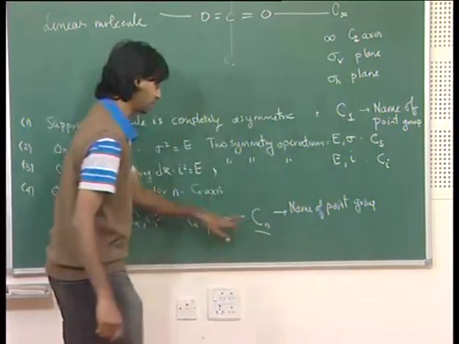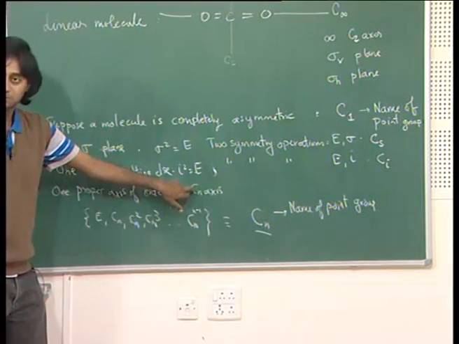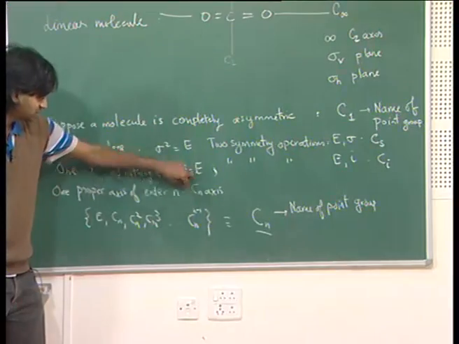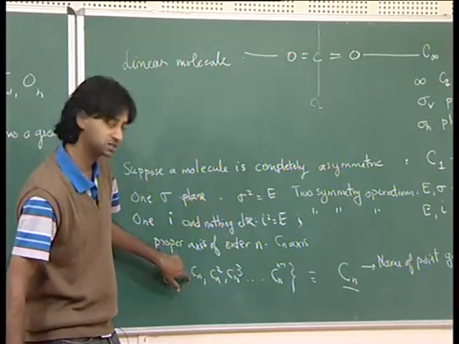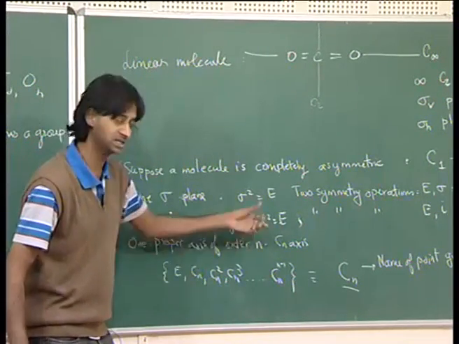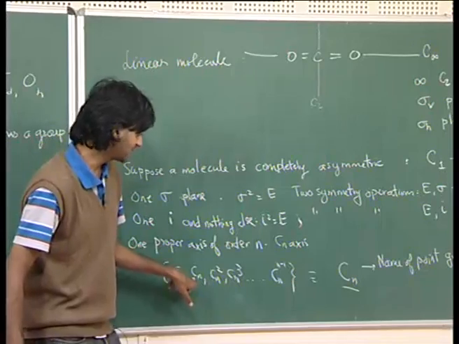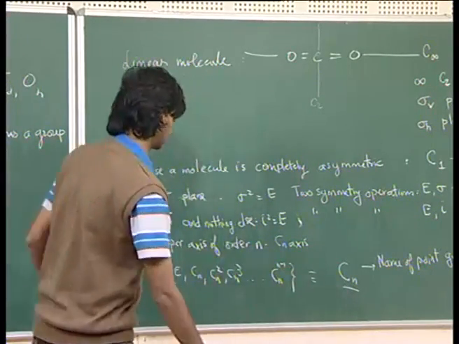Okay, and again this should not be confused with the name of the operation, nor should it be confused with the name of the symmetry element. So, the symmetry element is the Cn axis, the symmetry operation is rotation by 2 pi by n about the symmetry axis, and the symmetry group is denoted by Cn, the symmetry point group.